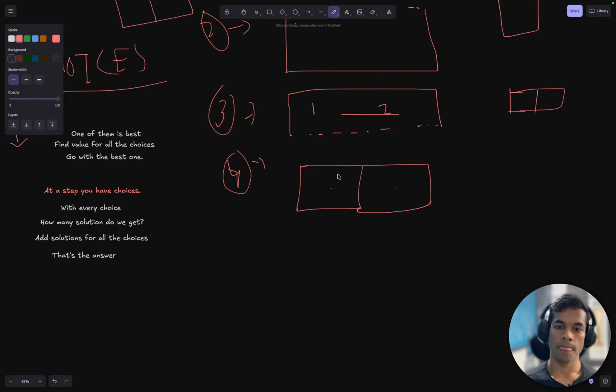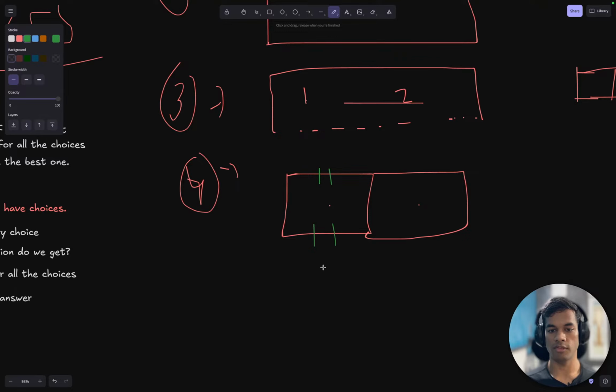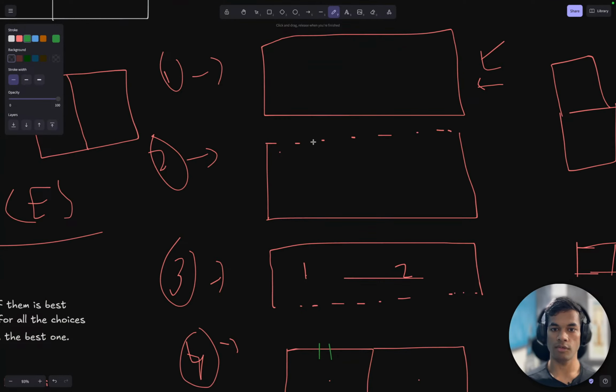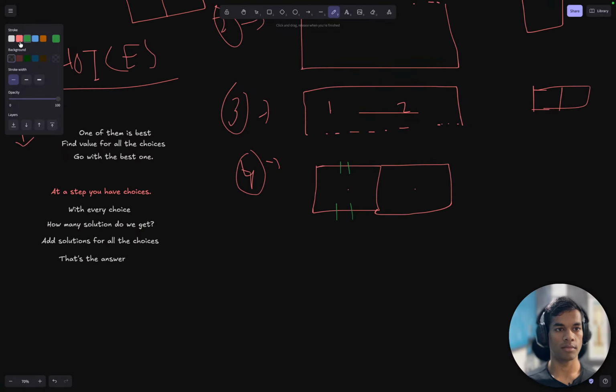And now this has a few corresponding choices. One would be to keep this block open on this side, or to keep this block open from this side, that would be one. Or there is another choice in this, to keep this thing open on both the sides. My bad.